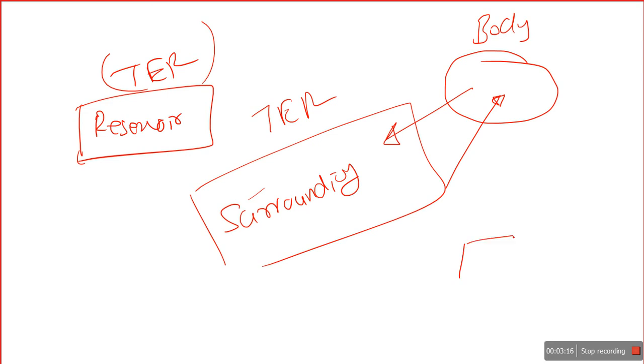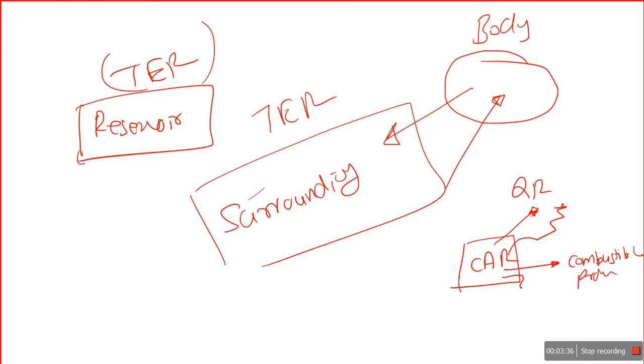Suppose this is a system, a car system. We know the car is rejecting heat in the form of combustion products, or during combustion via conduction and radiation, some amount of heat is lost to the surroundings, and the heat is added to the surroundings.